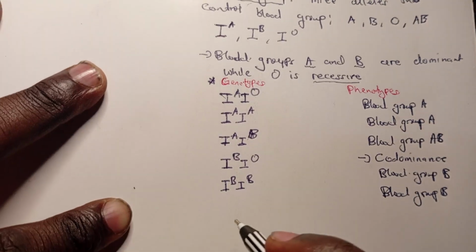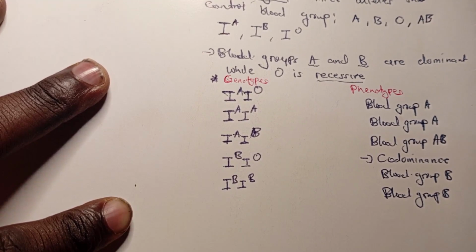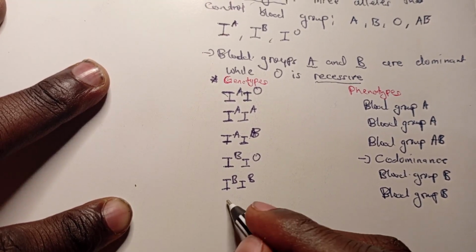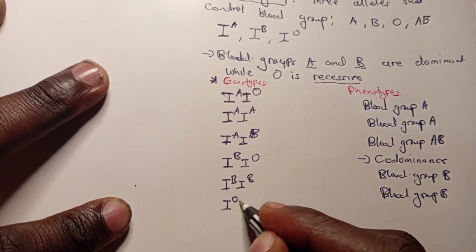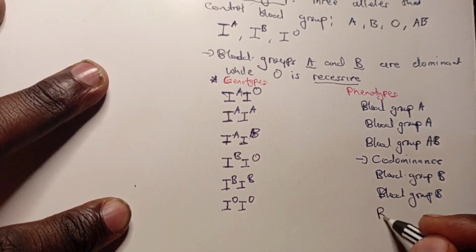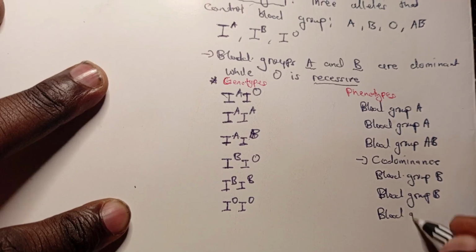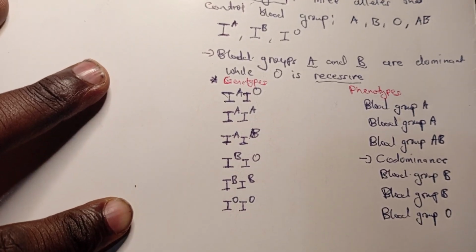So for someone to have blood group O, which is very common, it means that they simply inherited O from father and O from mother. And that is when you have blood group O.